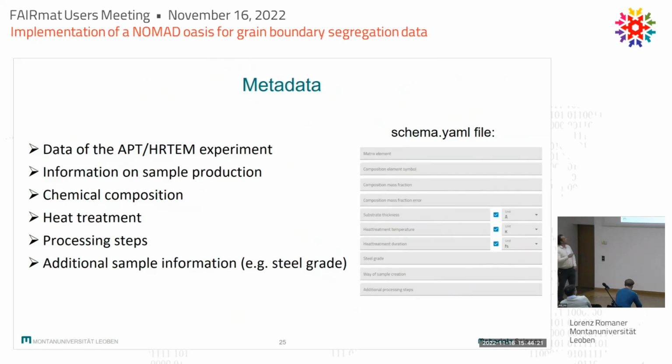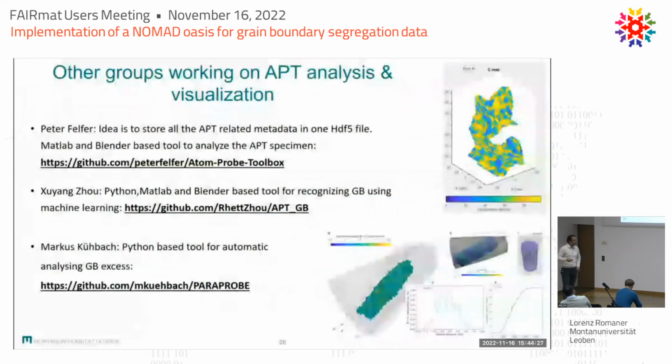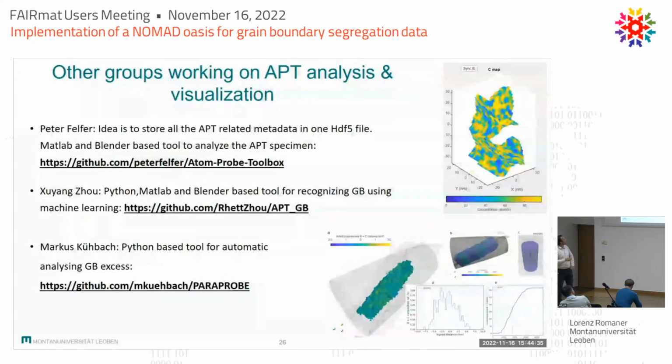Okay, so I just want to say that since we talked a year ago, some tools have emerged, or we became aware of tools, right? There is the one of Markus Küppach, of course, which is already on the oasis.